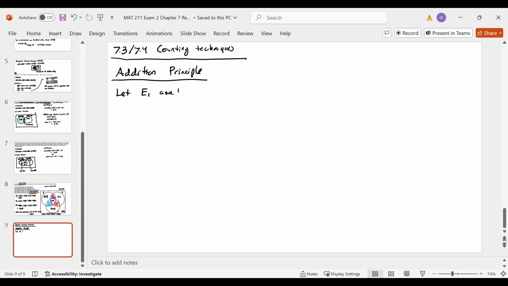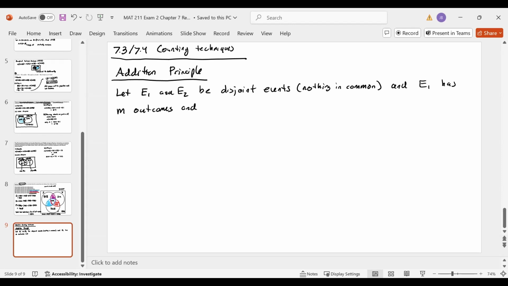Let E1 and E2 be, we would say, disjoint events, meaning they have no overlap. There's no overlap between them. So nothing in common. So let E1 and E2 be disjoint events, nothing in common. And E1 has M outcomes, and E2 has N outcomes.